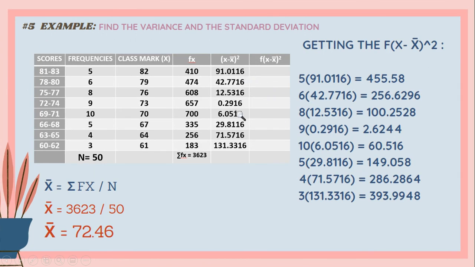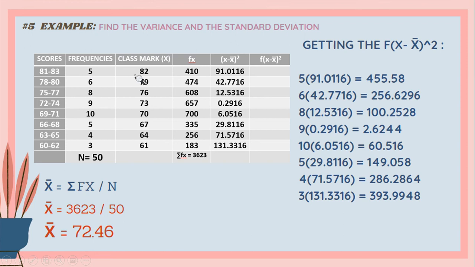Then after getting the x minus mean squared, we are now going to solve for the last column that we need, f times x minus mean squared. All we need to do is multiply the frequencies by the values in this column.